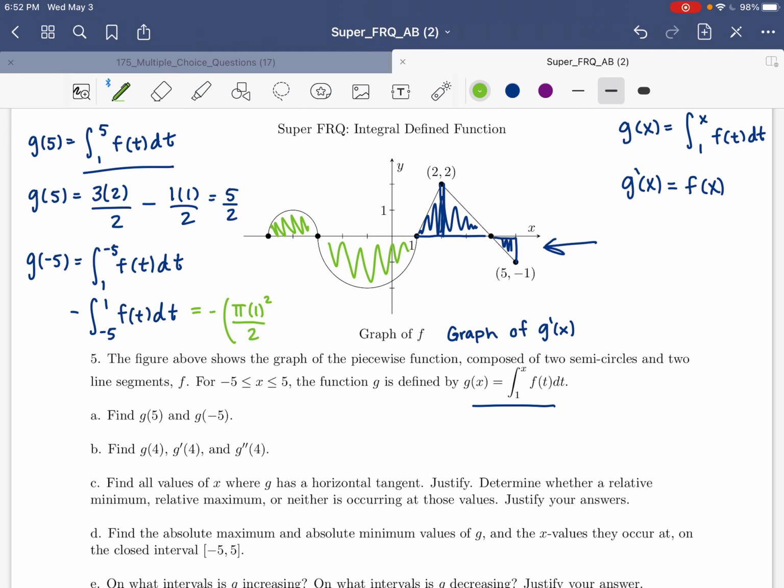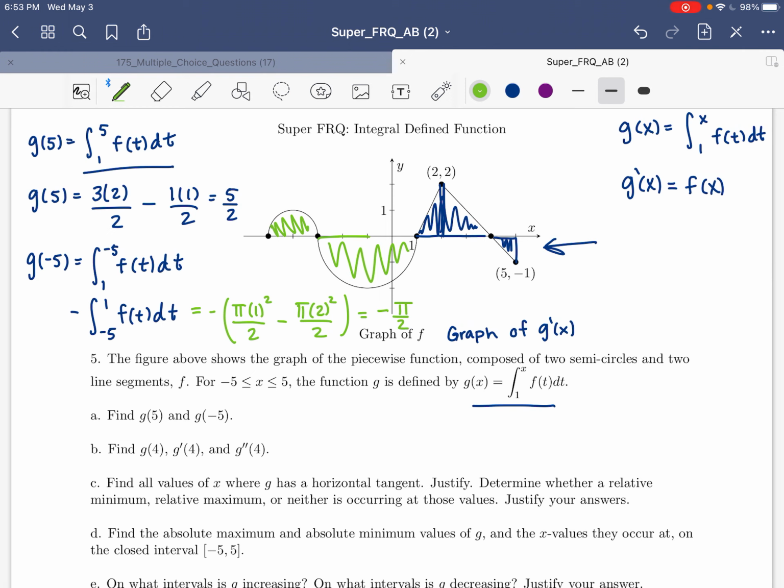Now this next part is below the x-axis, so we subtract. Our radius this time is 1, 2. So pi times 2 squared over 2. And then we just got to simplify, so I'll distribute that negative.